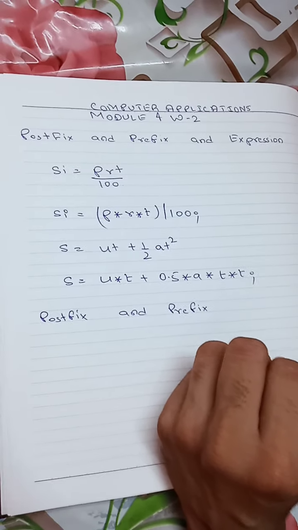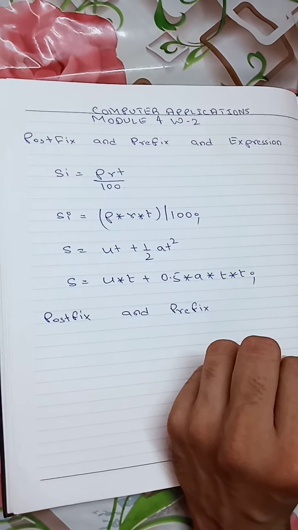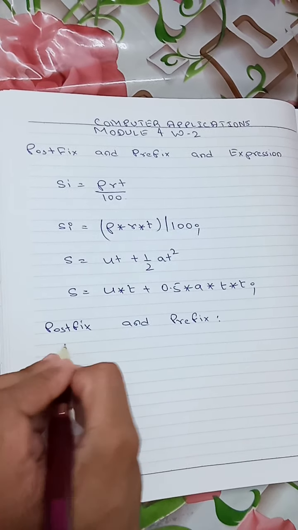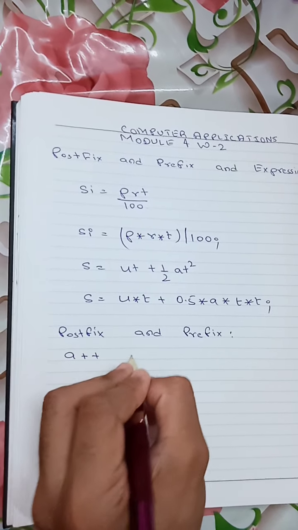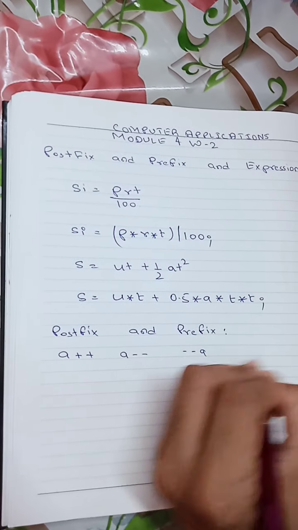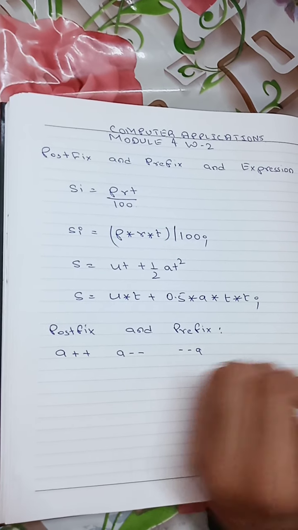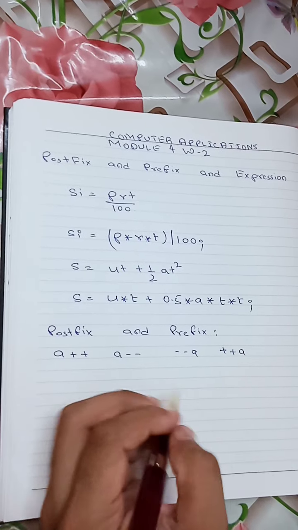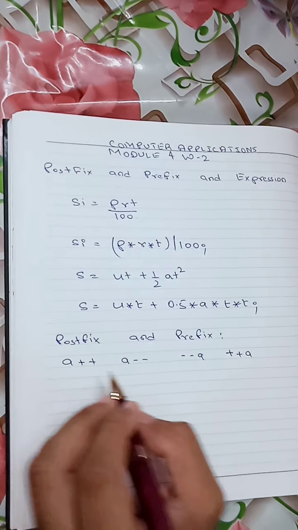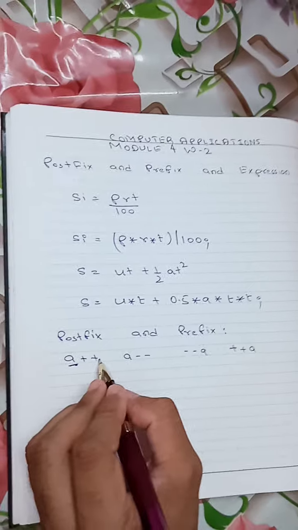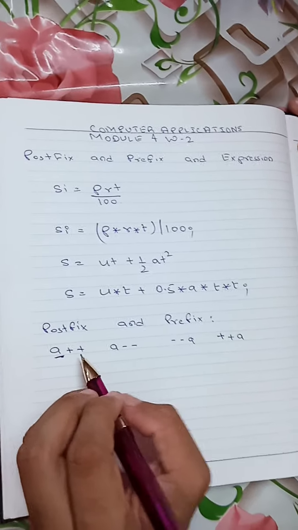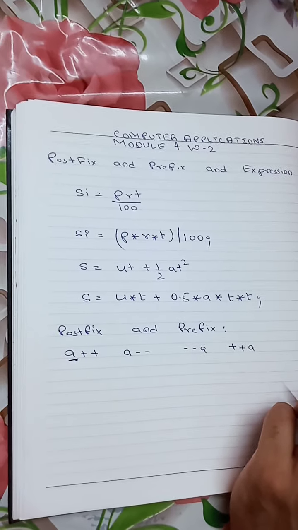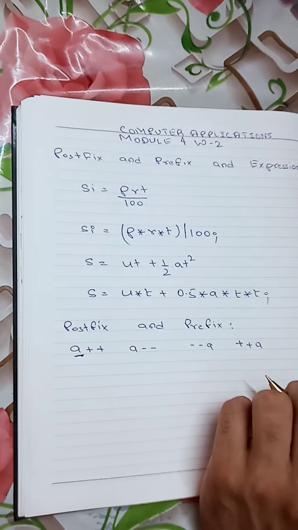So postfix and prefix are examples of unary operator, where we have this operand and this one is the operator. That means this operator works on only one operand, and that is why this is known as a unary operator.